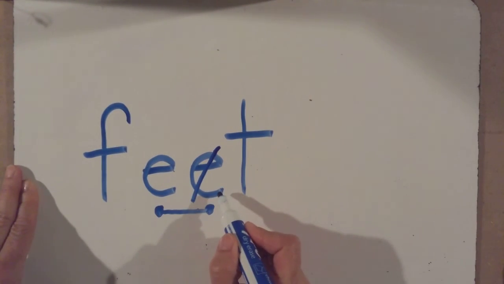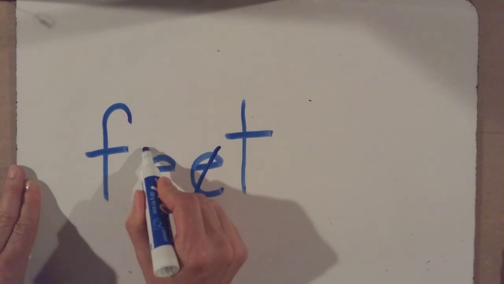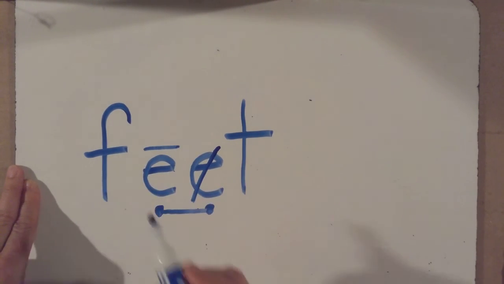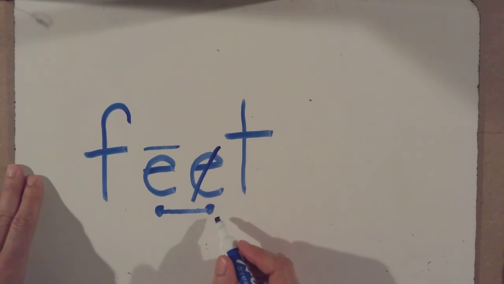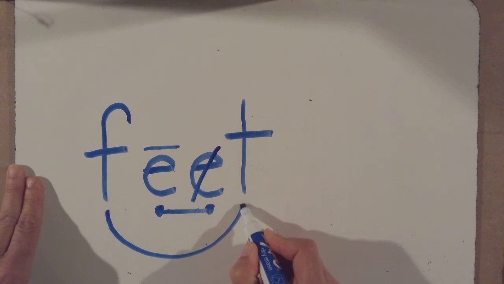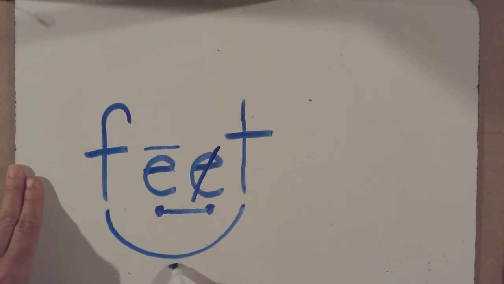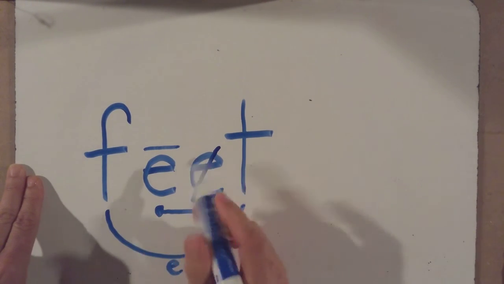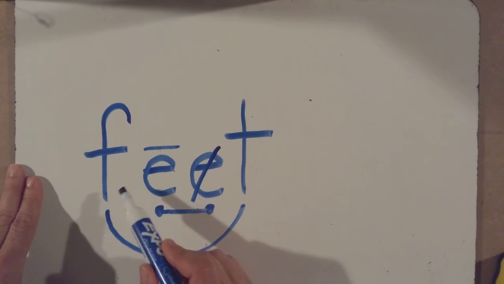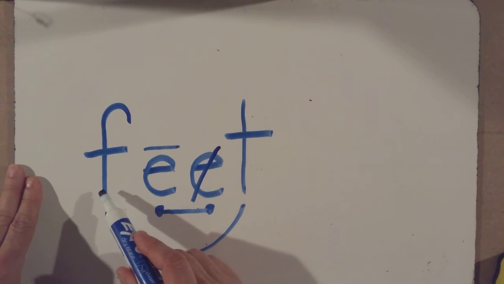He's working too hard to talk. And E gets the macron, so we know E is going to say its name. We do one scoop because there's one vowel sound. We can mark it. It's an E syllable, but, oops, sorry. We marked it with a V because it's a vowel team. Sorry about that. Now let's go back and touch our sounds.